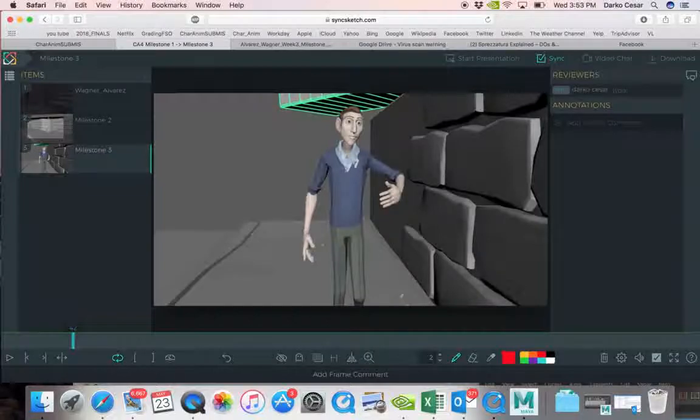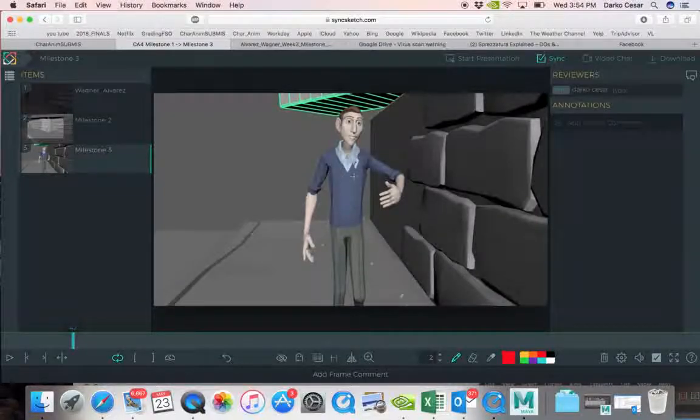When the character is looking at something, you're supposed to make it like he doesn't see it right away, but after a second he actually notices something. Like in real life, when you're looking at something and then you notice it, you're like, whoa, kind of like a double take. Your eyes open wider and then close because you just noticed what you didn't, although it was in front of you for a while. You kind of get surprised.